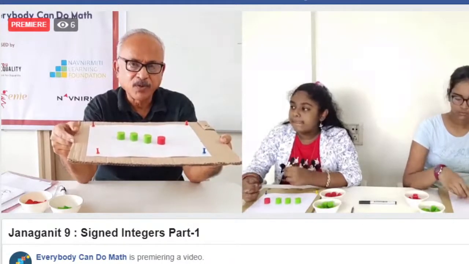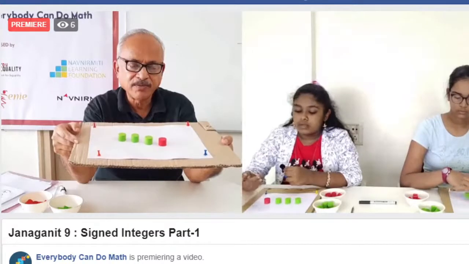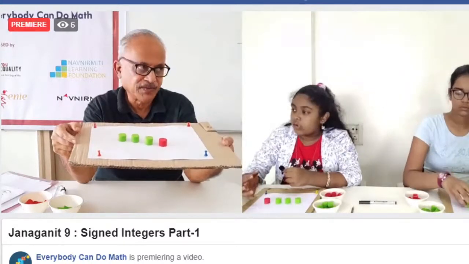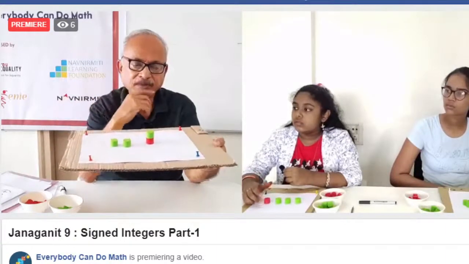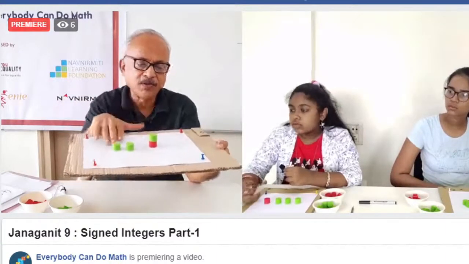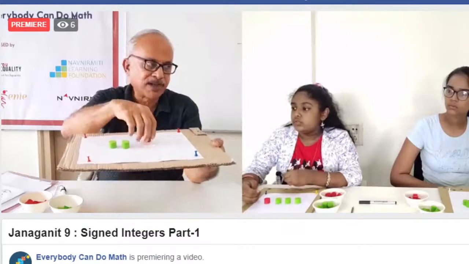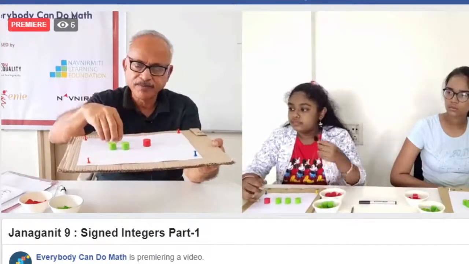How many negatives is there in my account? 1 negative. What is the value of my account? 2 positive, right? Because I combine this and it is a 0, the value is 2 positive.